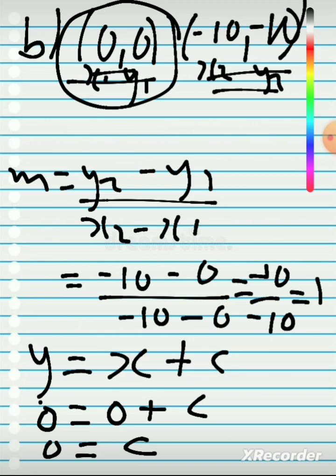So c is 0, and our final equation is y equals x plus 0, which we can simplify further: y is equal to x. So the final answer is y is equal to x. Okay, so that's how to do it.